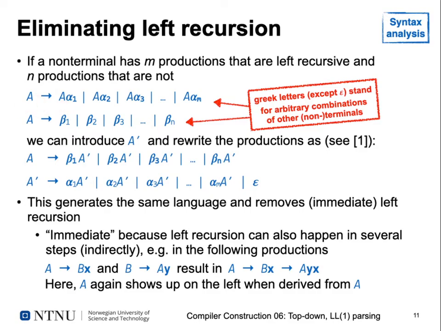There can also be indirect left recursions. For example, if we have productions like this, we go from non-terminal symbol A and resolve non-terminal symbol B and an X, and then from B we can go to non-terminal symbol A and a Y. So we have this chain of derivations here from A to BX to AYX, and this of course again has an A on the left hand side when we derive it from an A.